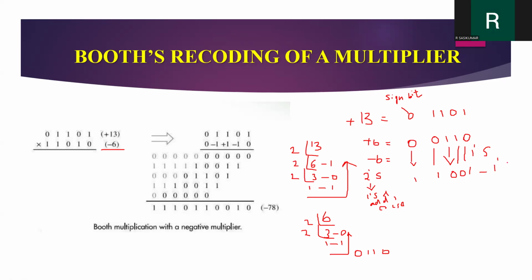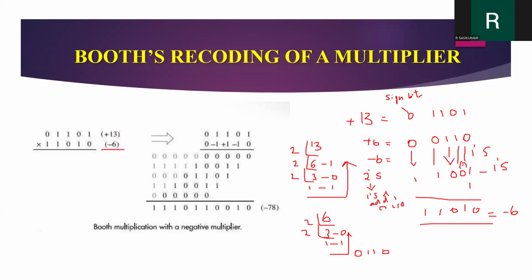The 2's complement means adding 1 at the LSB. So 1 plus 1 is 0 with carry 1, giving 11010. This is minus 6. I hope you understand how to get minus 6.